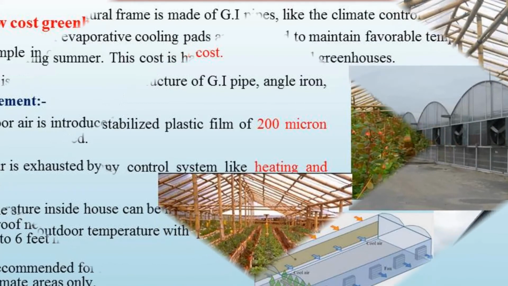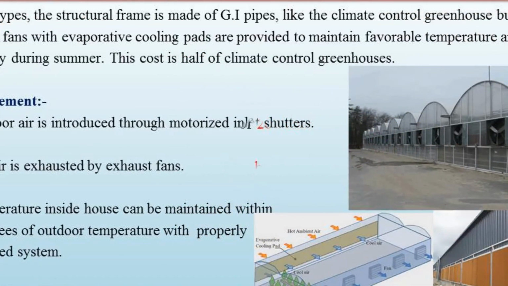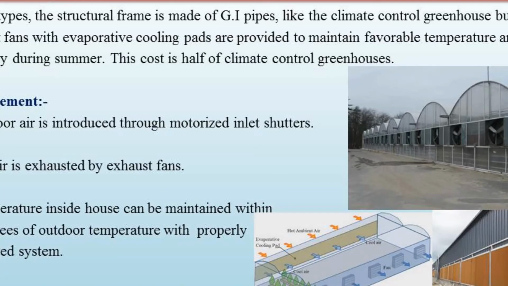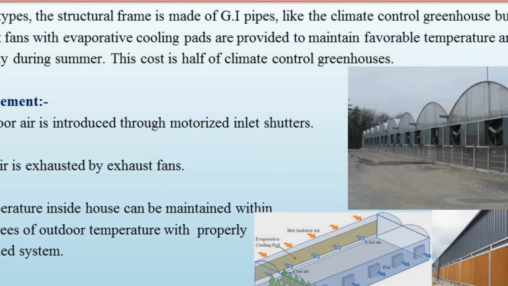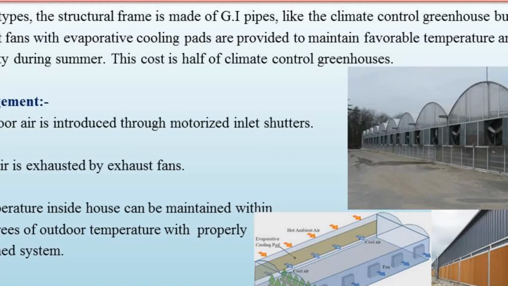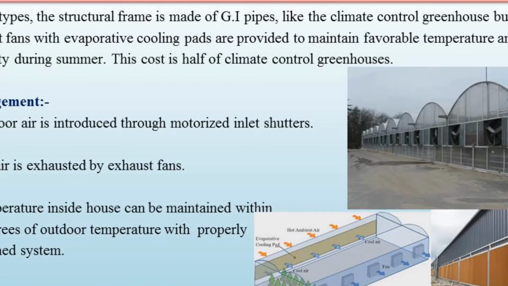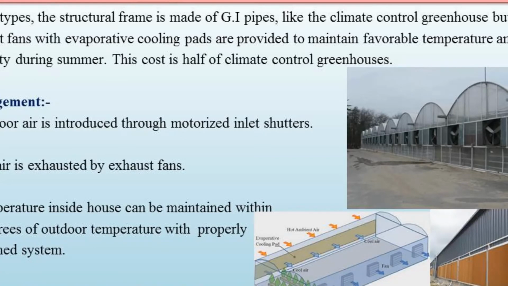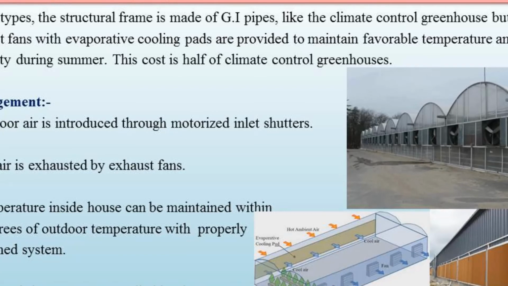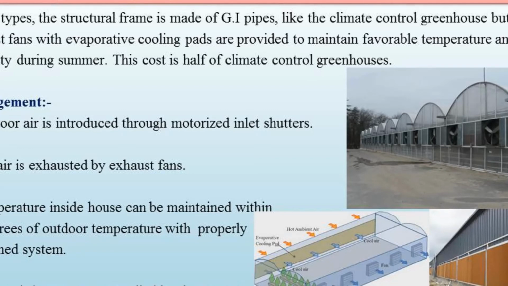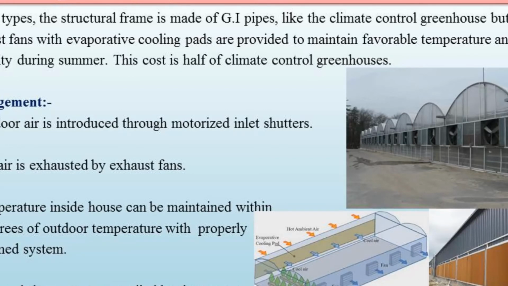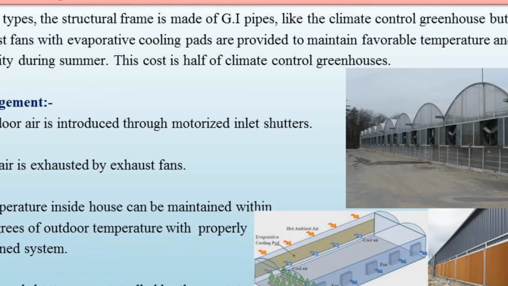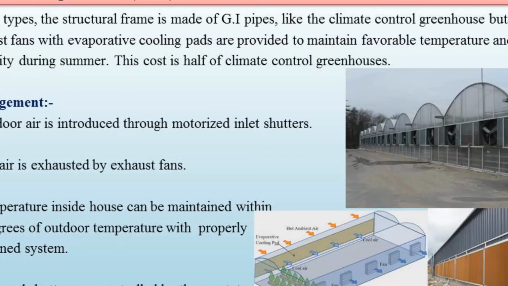Then we have to discuss the next type, medium cost greenhouse, that means GH2. These structures are generally made up of GI pipe like climate controlled greenhouse, but only exhaust fans with evaporative cooling pads are provided to maintain favorable temperature and humidity during summer season.